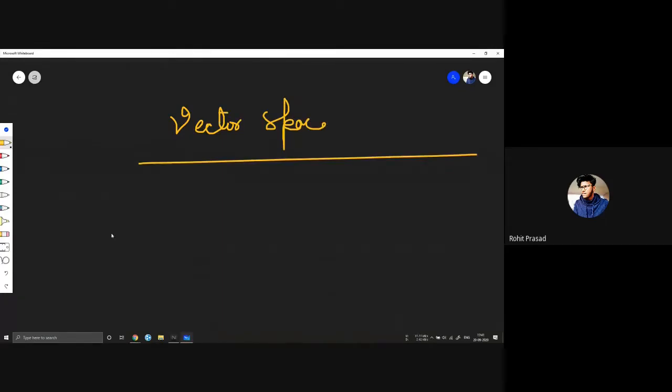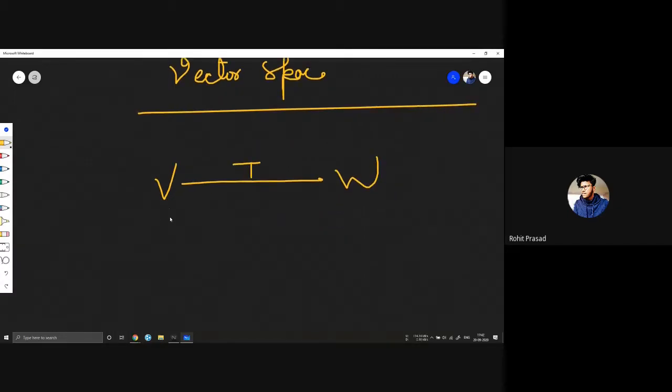Okay, so you guys know about the vector space, right? So transformation is going from one vector space to another vector space. It's like a function for vector spaces that link them together.